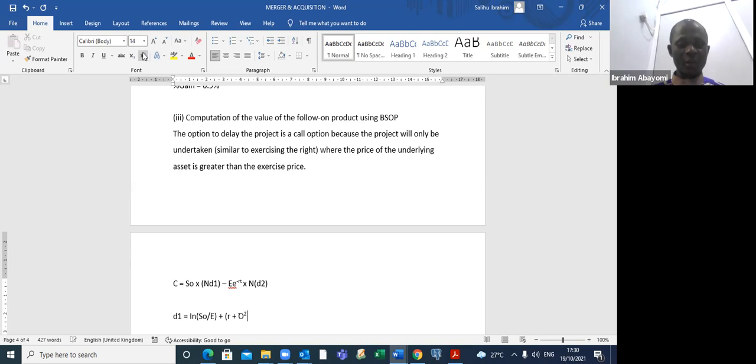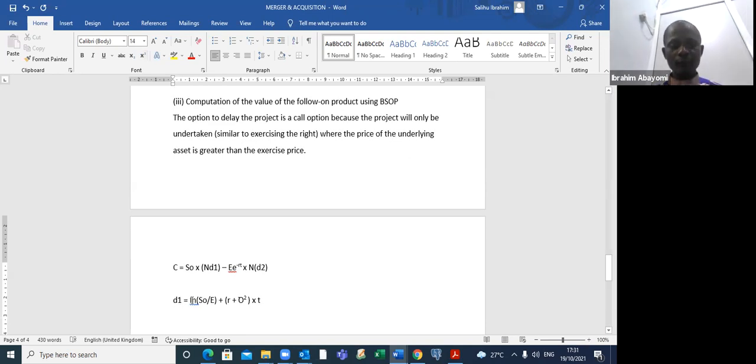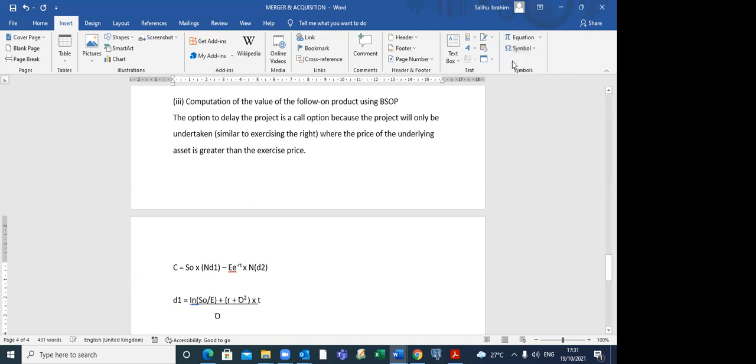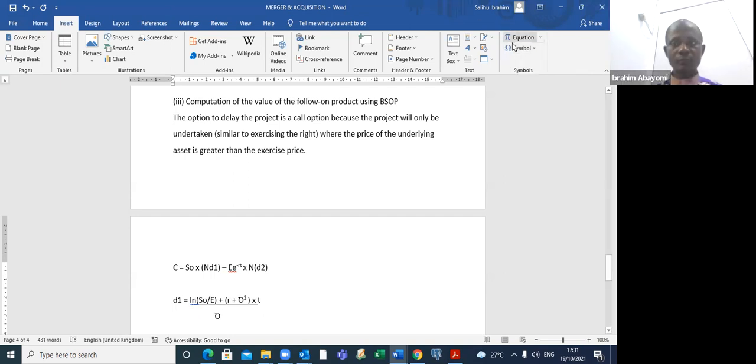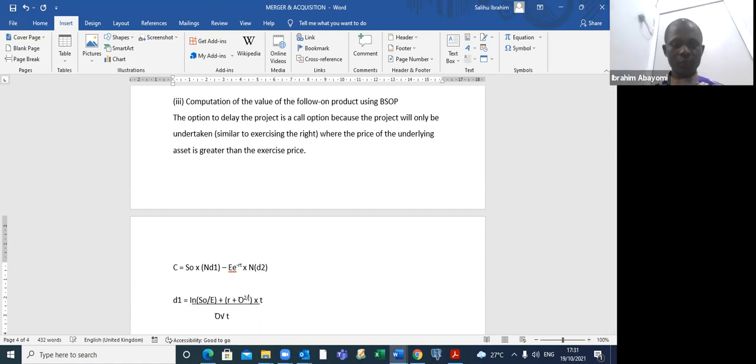The moment you square your standard deviation, you have variance. So into bracket times T, everything here over standard deviation. Sir, the risk-free rate plus standard deviation square should be over 2. Yeah, over 2.